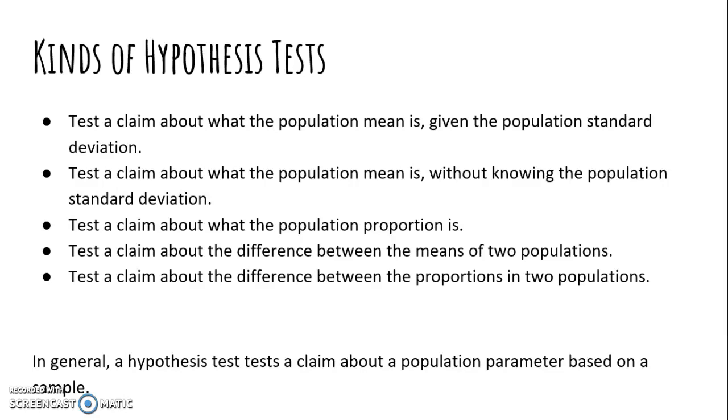But in general, a hypothesis test tests a claim about a population parameter based on a sample. Remember, a parameter is a number that describes the population. So if you look up here, in all of these, we're either testing the population mean or the population proportion. Both of those would be parameters.